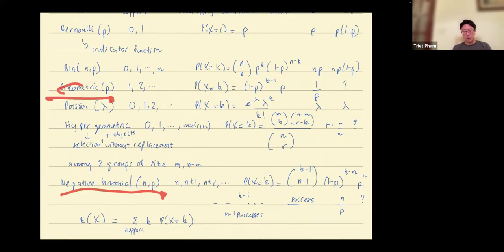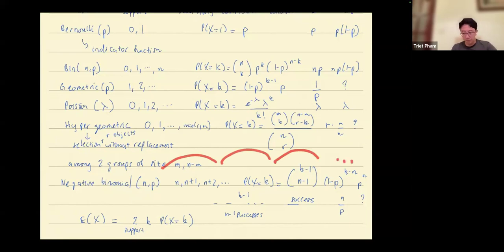If the geometric random variable is the number of trials until you see the first success, then clearly the number of trials until you see n successes is just the independent sum of geometrics. Because you wait for the first success, and you wait for the second success, and you wait for the third success, and so on and so forth.